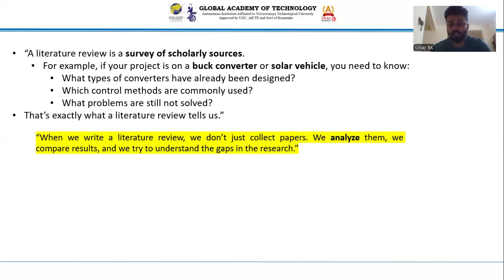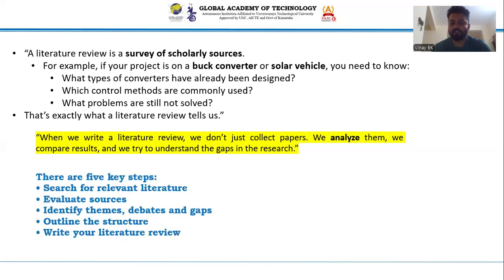If you consider an example, if your project is on a buck converter or solar vehicle, you need to know what types of converter have already been designed and which control methods are commonly used, what problems are still not solved. That's exactly what a literature review tells us.